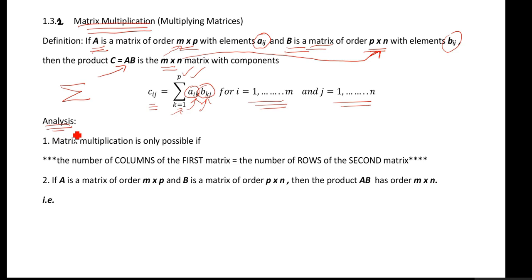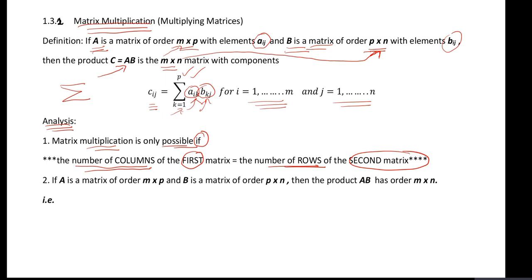Analysis. This is a checking procedure that you should do, and I recommend you do it whenever you have to multiply matrices. Matrix multiplication is only possible if the number of columns of the first matrix is equal to the number of rows of the second matrix.